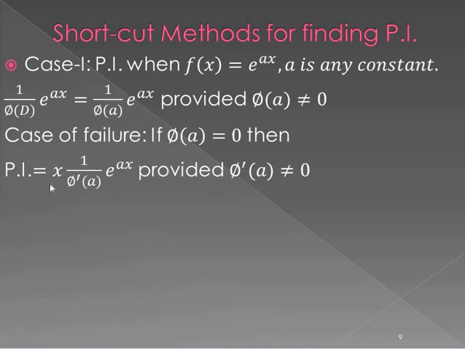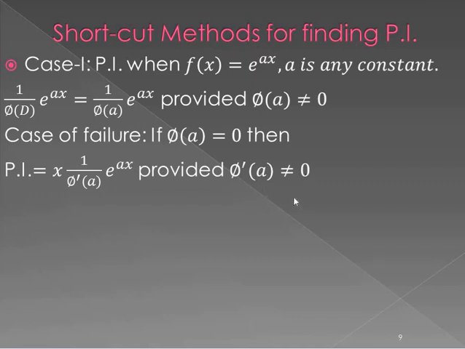Here only the term x is multiplied extra. So P.I. is equal to x times 1 upon phi dash of a, here also replacing D by a, e raised to ax. So there is no term of D or differentiation or integration available here. So that is the final P.I. Only one condition is given there: phi dash of a is non-zero.